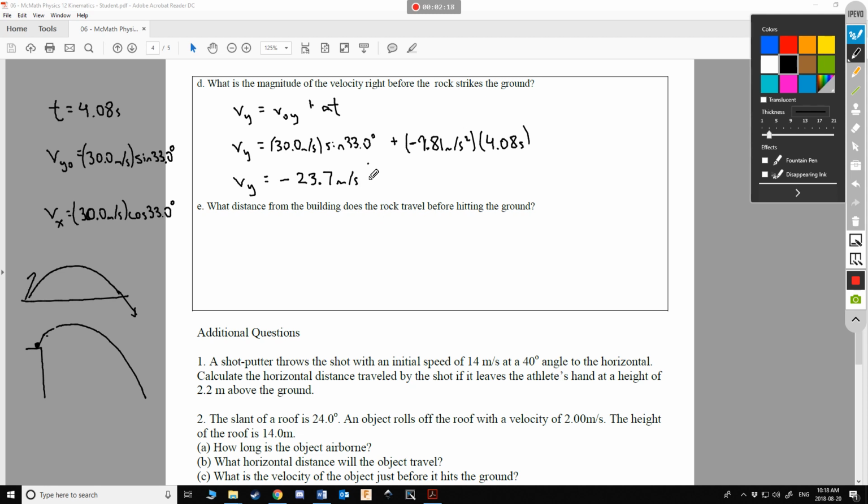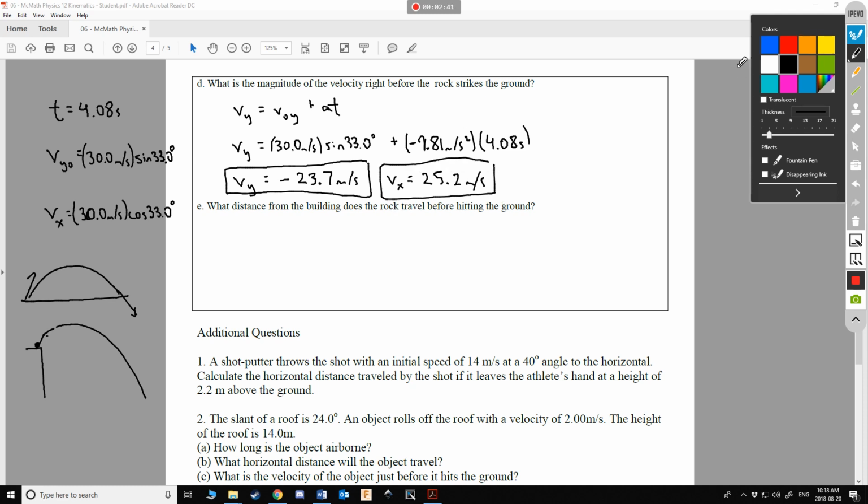We know that because there is no acceleration in the x direction, Vx is still 30 cos 33, so Vx is still 25.2 meters per second.